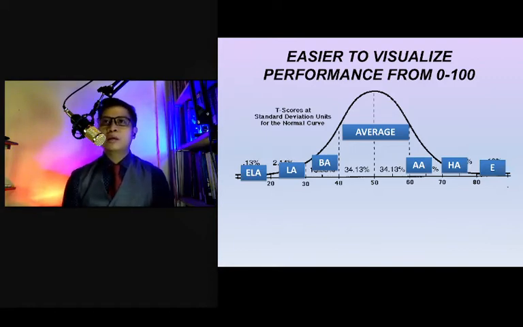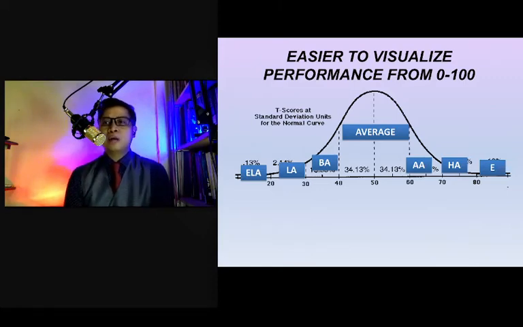Kasi sa kultura talaga natin, 100 talaga yung parang performance of perfection natin, eh. 'Di ba? So, parang 'pag tinanong mo sa tao, "O in a scale of 0 to 100, gaano kagaling 'yan?" It's easier to visualize. O 'pag sinabi mong, "Nasa 50 'yan." Tama lang 'yan. O kaya 'pag sinabi mong, "Nasa 80 'yan." Magaling 'yan. It's easier to visualize compared to Z-score, 'di ba?